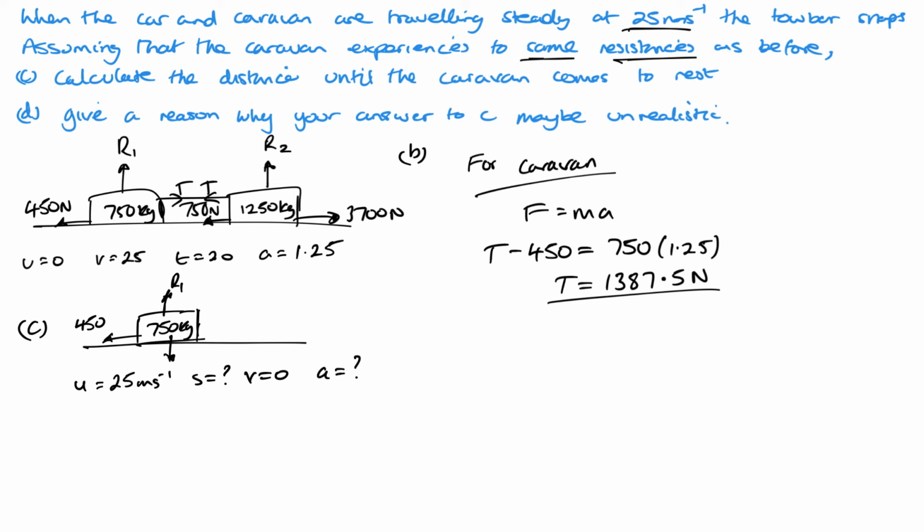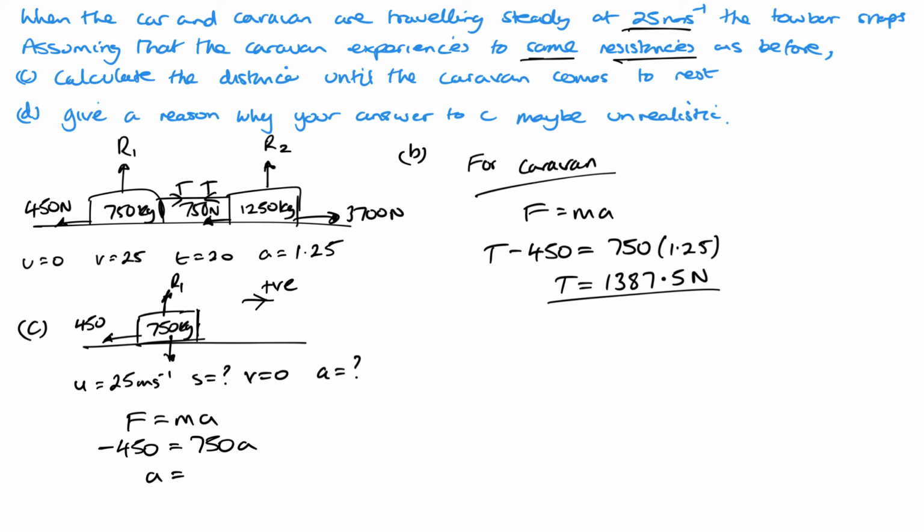But we can find the acceleration because we can use F equals ma. While we are decelerating, I'm going to take this as my positive direction because that's the direction we're still going to be moving. So my force is going to be minus 450, equal to 750A.